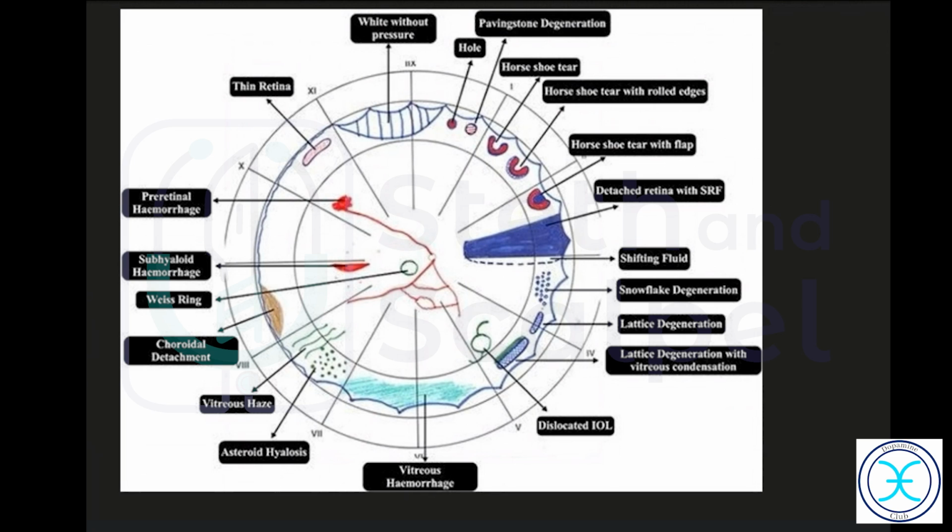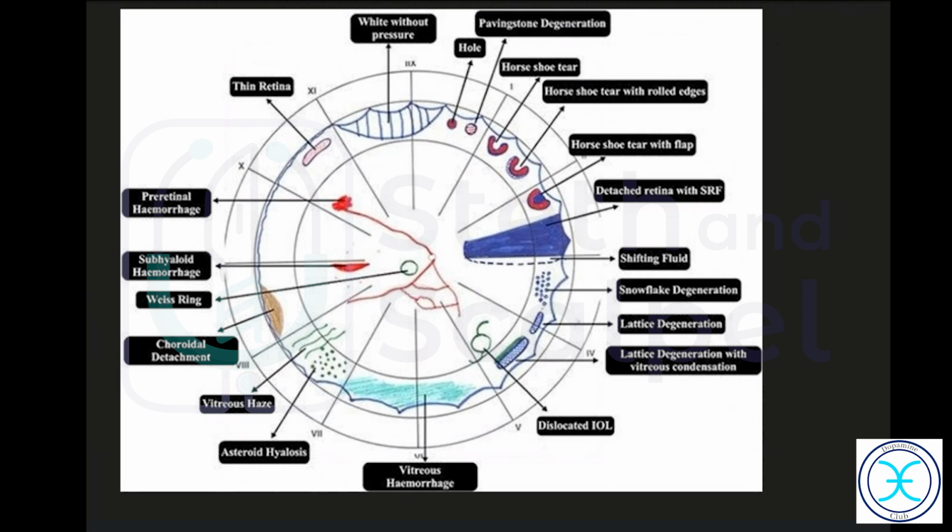Asteroid hyalosis, is it in peripheral vitreous detachment? I'm not sure. I really don't know all the conditions here. Pre-retinal hemorrhage again in diabetes, proliferative diabetic retinopathy. The hemorrhage over here is mostly due to diabetes.